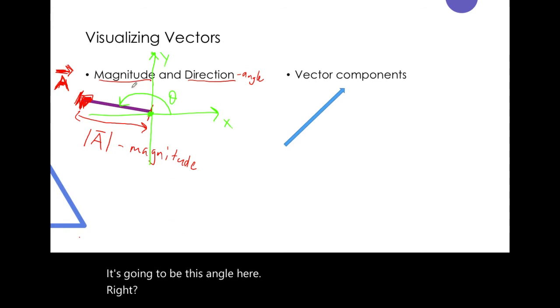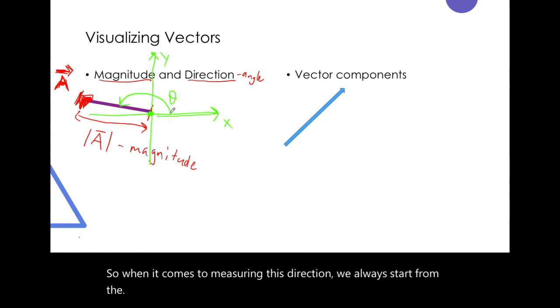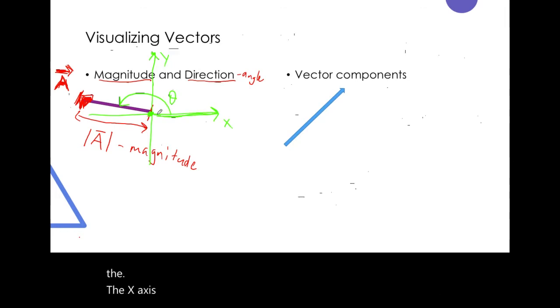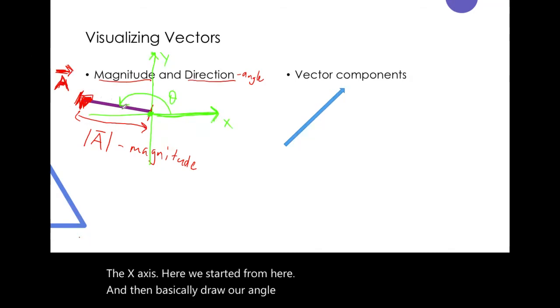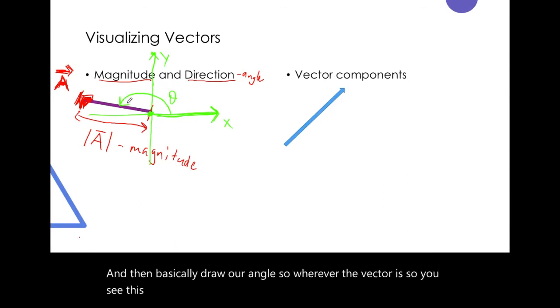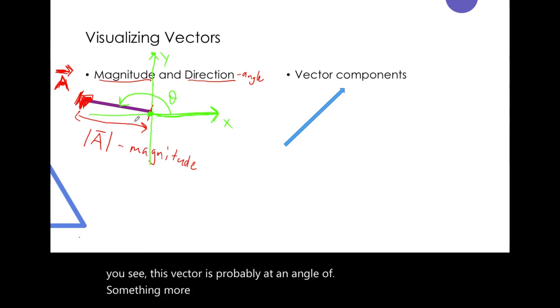When it comes to measuring this direction, we always start from the x-axis. We start from here, and then we draw our angle to wherever the vector is. You see this vector is at an angle of something more than 90 degrees, let's say like 150.